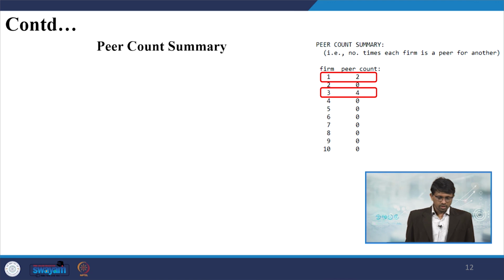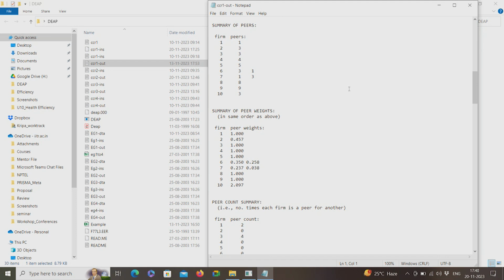All right. Another one is called peer count summary. So, I am not going through that software once again, I have already shown it. This is how it is displayed. So, peer count is basically just the reverse of the peer which I have already said. It is basically how many times is being referred, okay. Number of times each firm is a peer of another one, okay.